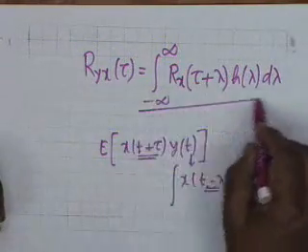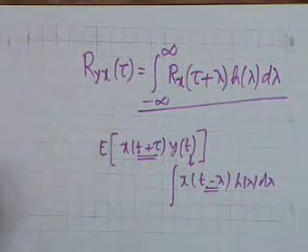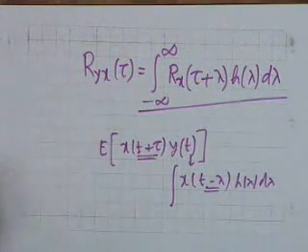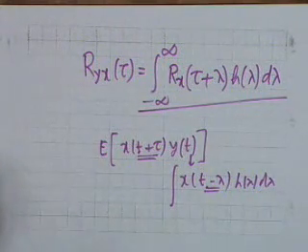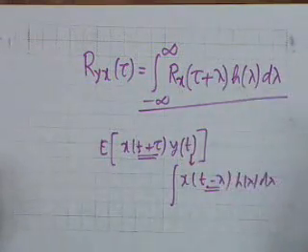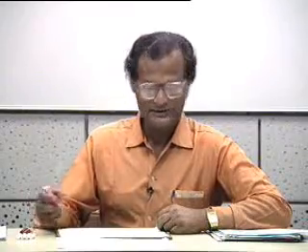Now can this be viewed as a convolution? No, it is not a convolution of Rx(tau) with h(tau). However, it indeed can be viewed as a convolution if you put lambda equal to minus lambda prime and change the variables, then yes, you can.